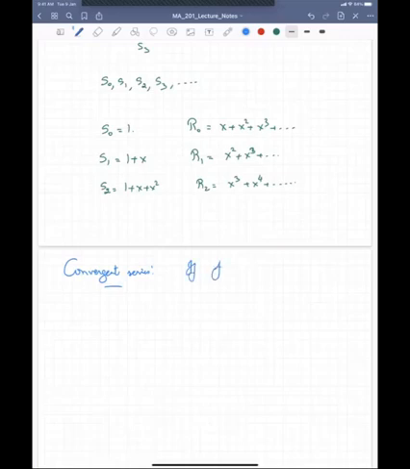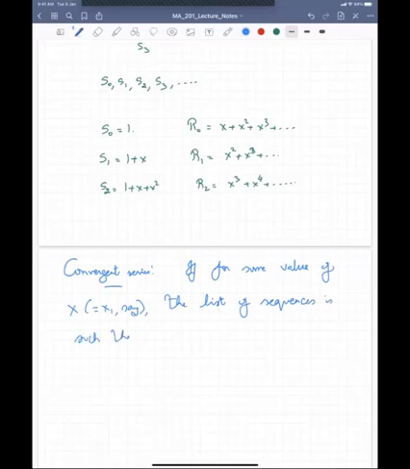If for some value of x equals x1, say, the list of sequences is such that the limit as n tends to infinity of Sn of x1 is just some number to which the series converges.